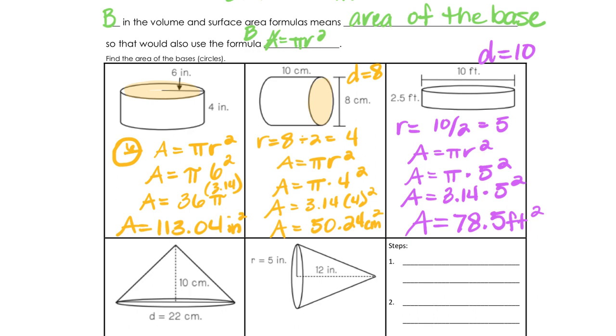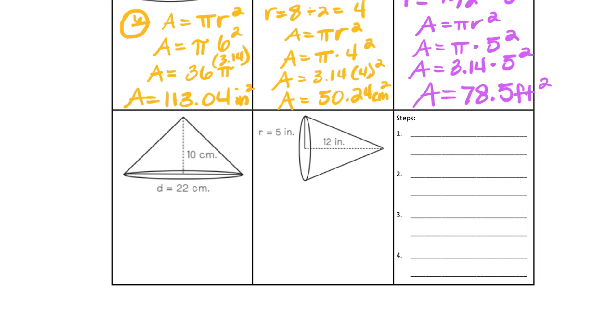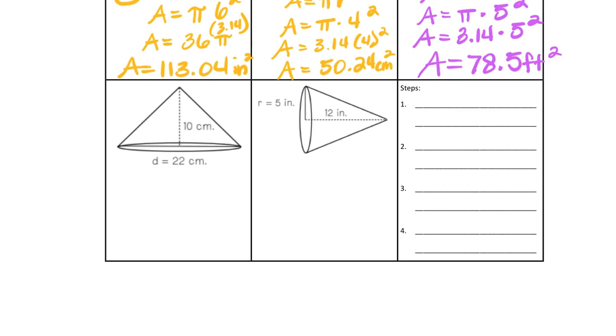So those are all cylinders. Now let's look at a cone. A cone's going to be a little bit different, sort of, because we only have one base, which is here. Again, I'm given the diameter. That means the radius is going to be half of that, which is 11.